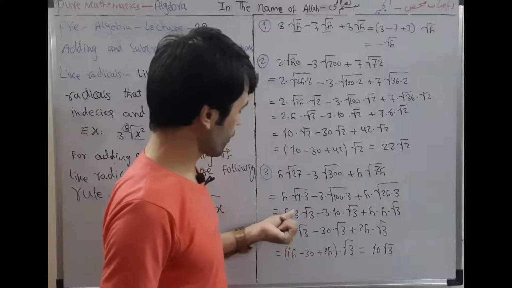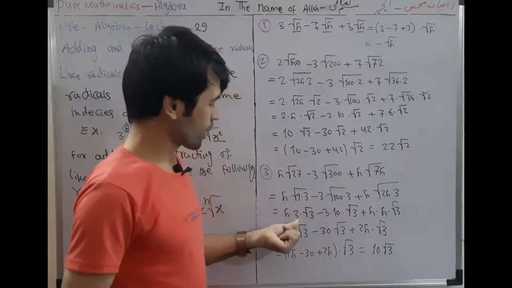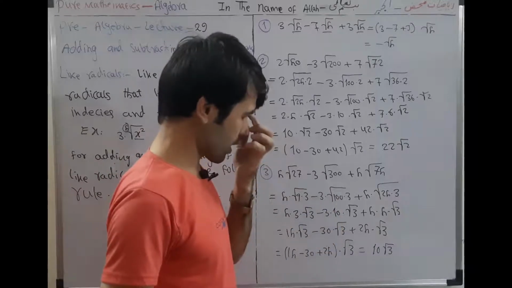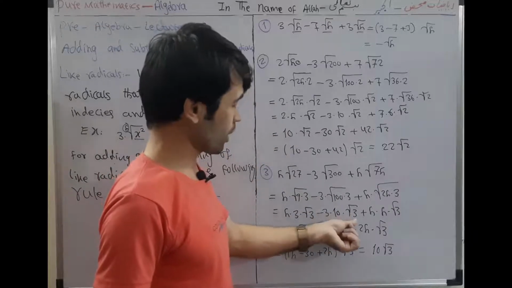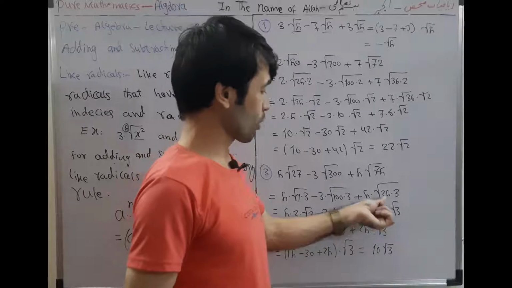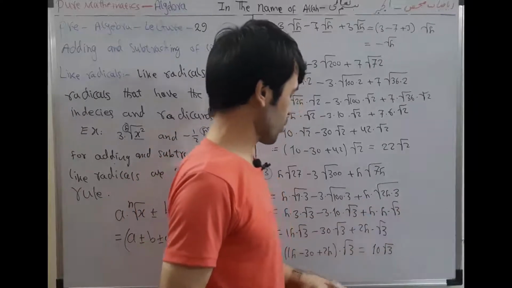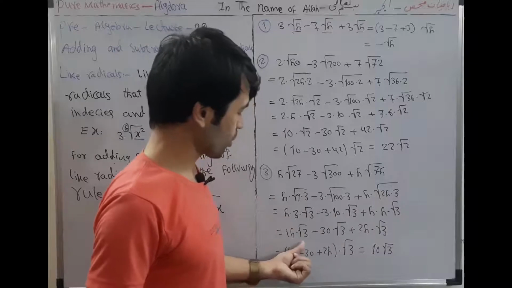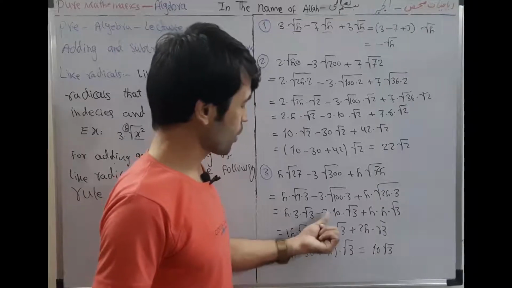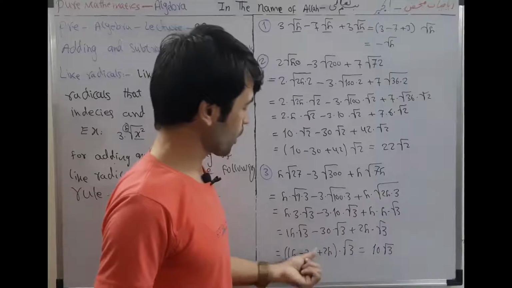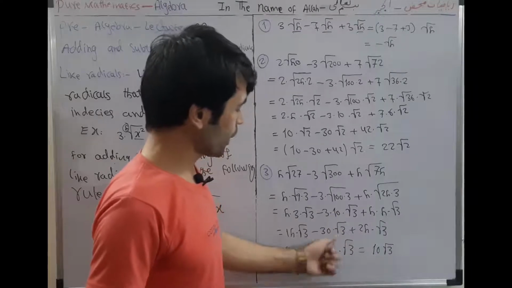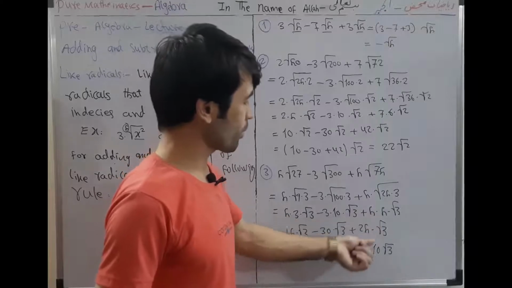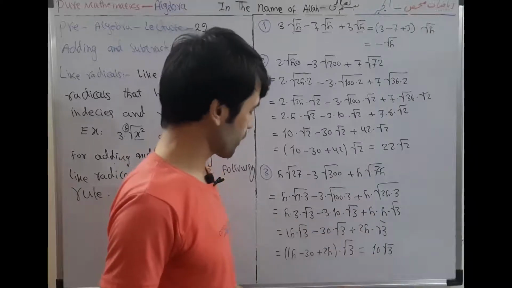Then we get 5 into square root of 9 is 3 square root of 3 minus 3 into square root of 300 is 10 into square root of 3 plus 5 into square root of 25 is 5 into square root of 3. It is equal to 5 multiplied by 3, 15 into square root of 3 minus 3 multiplied by 10, we get 30 into square root of 3 plus 5 multiplied by 5, 25 into square root of 3.